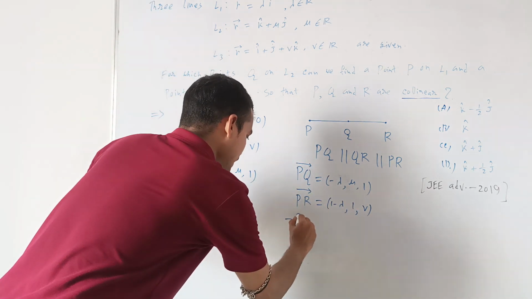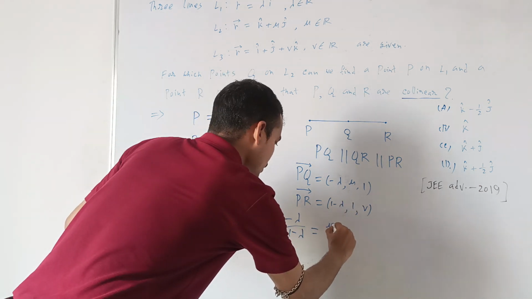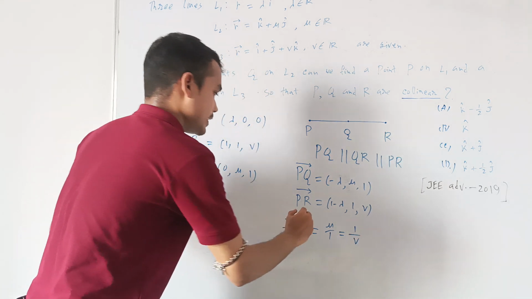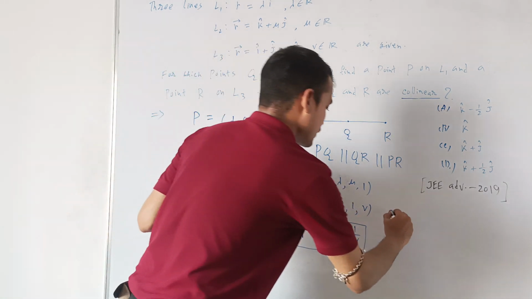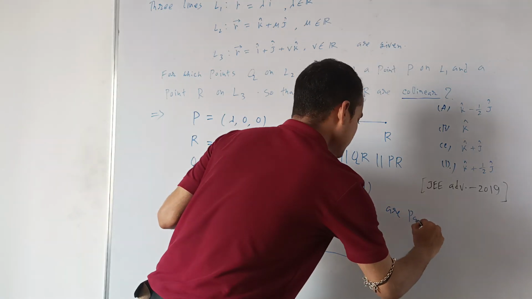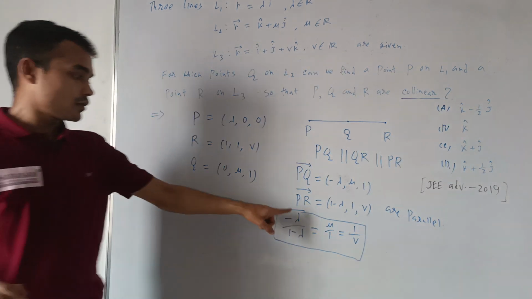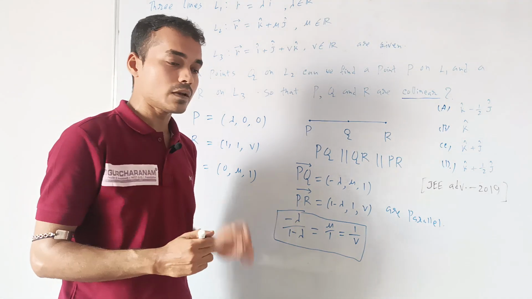That means minus lambda divided by 1 minus lambda equals mu divided by 1 equals 1 by V. Since these vectors PQ and PR are parallel, the corresponding ratios are equal.